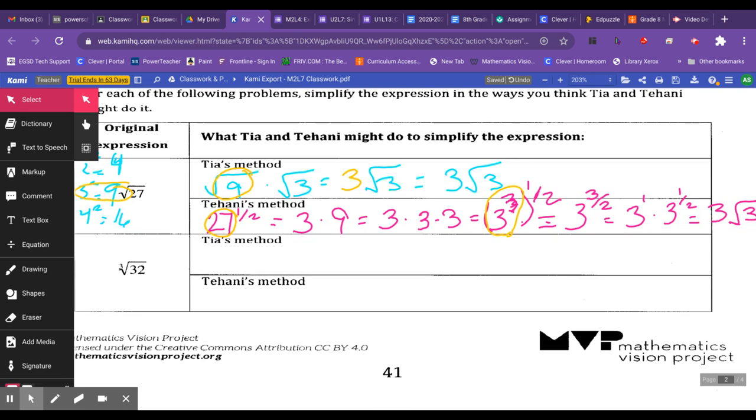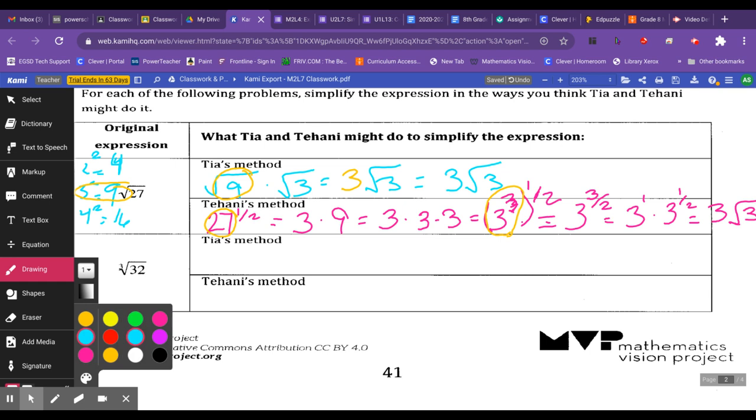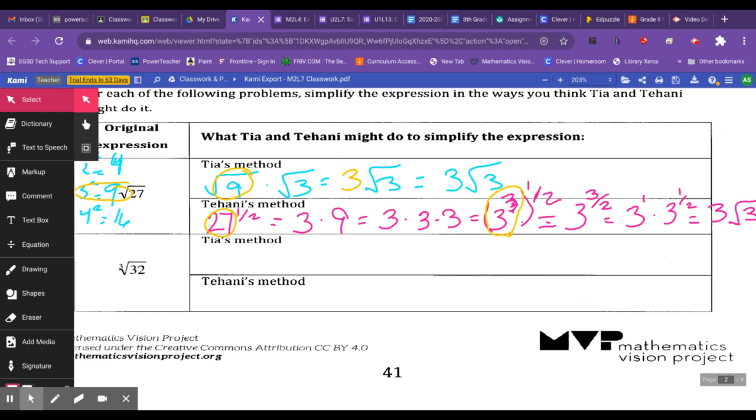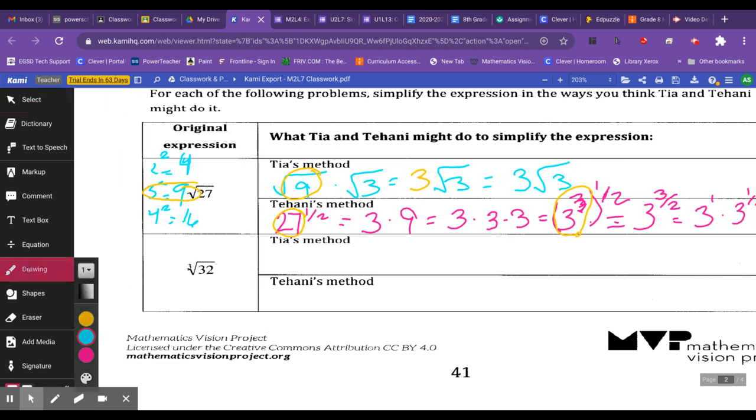So let's try a cubed root one. Do our square root method. Cubed root of 32. Well, before I can do my cubed roots, I need to figure out what are some cubed numbers. So 2 to the 3rd is 8. 3 to the 3rd is 27. 4 to the 3rd is 64.